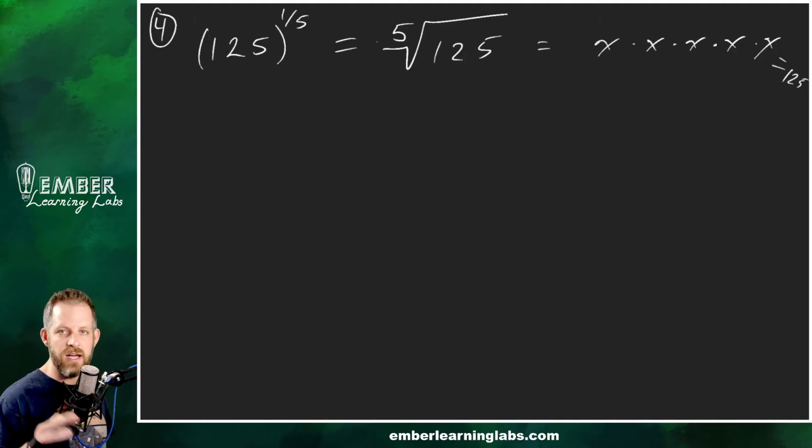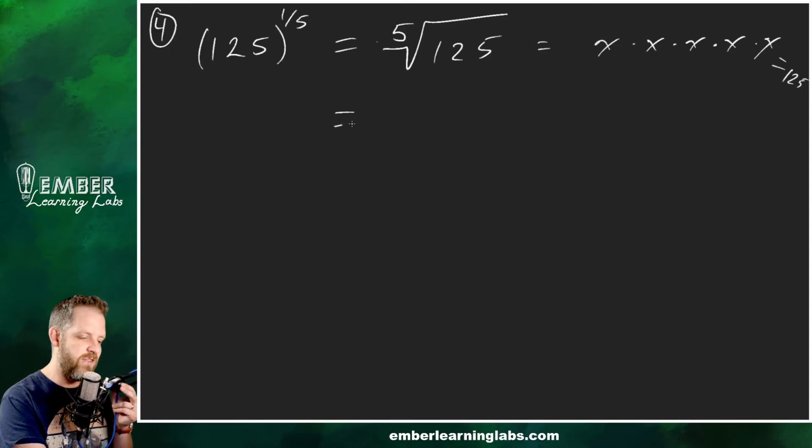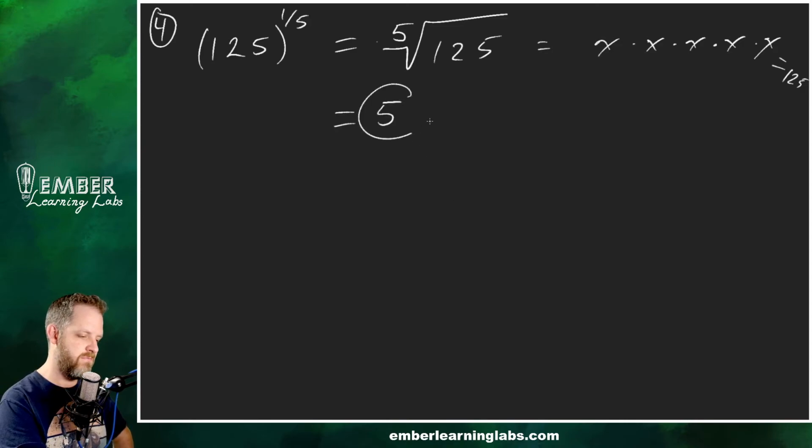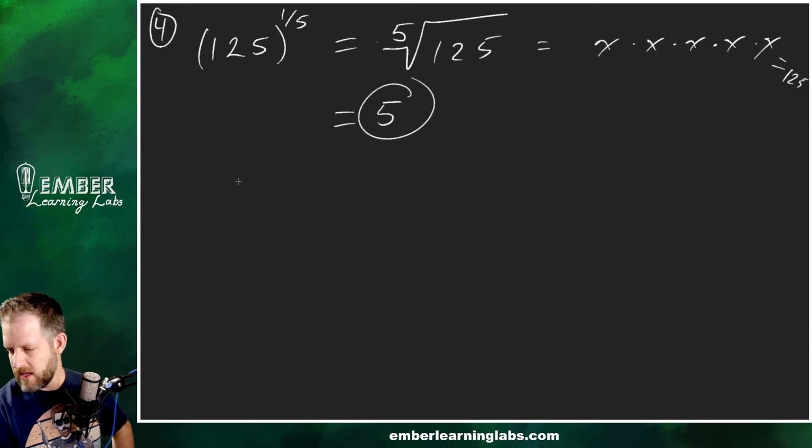So what times itself 5 times is 125? Well, 5 times 5 times 5 times 5 times 5 is 125. So the fifth root of 125 is 5. Okay. Let's do another one.